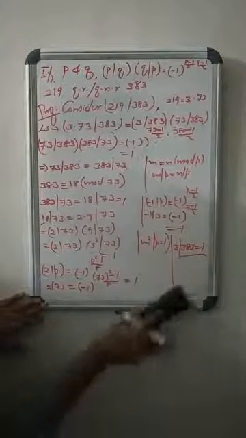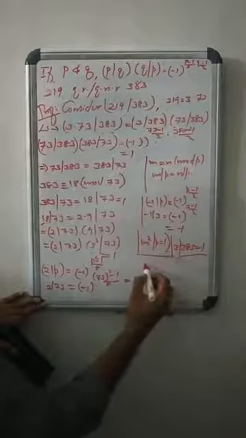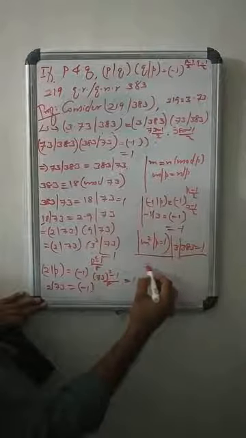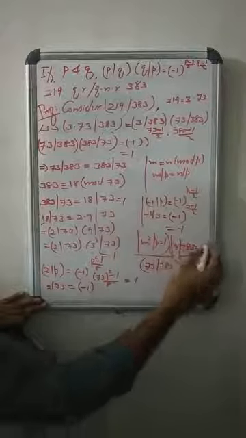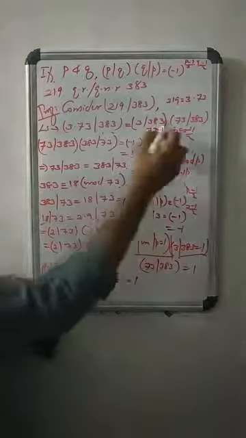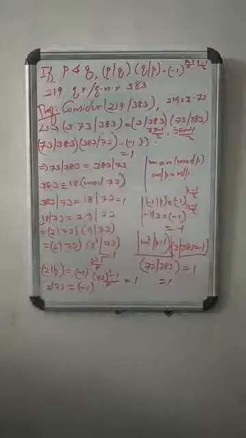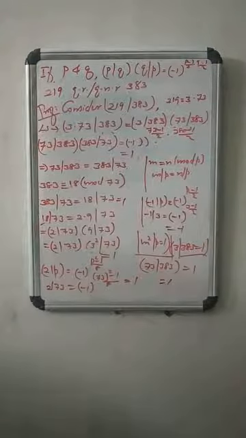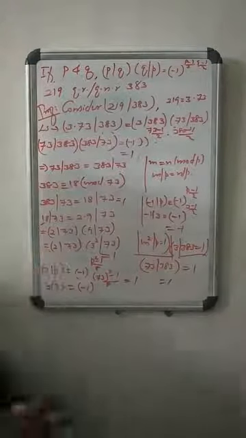So there is the next result. Here (3/383) is 1, and (73/383) is also 1. So what about this product? That is 1. Hence we have (219/383) = 1.